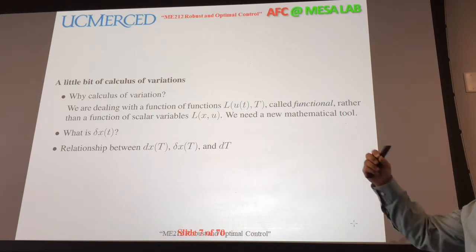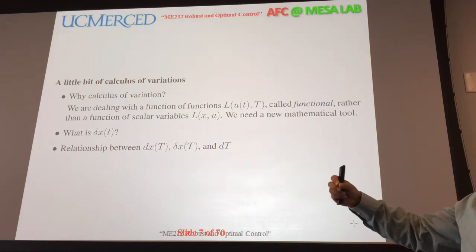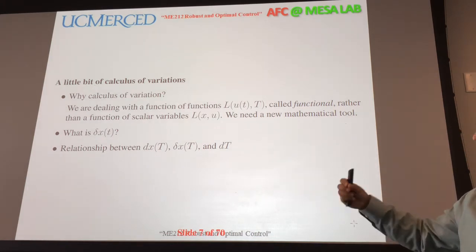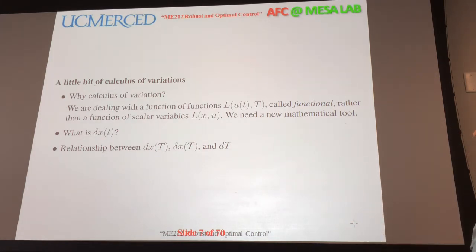So you have a curve, x of t is a curve, okay? But if I shake it a little bit, just change it a little bit, it's called a variation of the curve x(t). It's called small delta, okay? But there are different things about differentiation regarding displacement and total differentiation and so on and so forth.